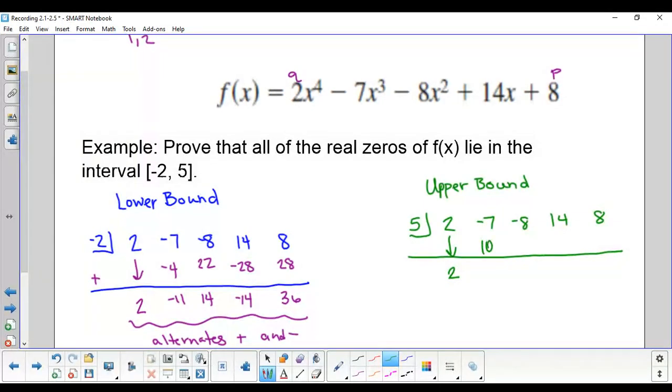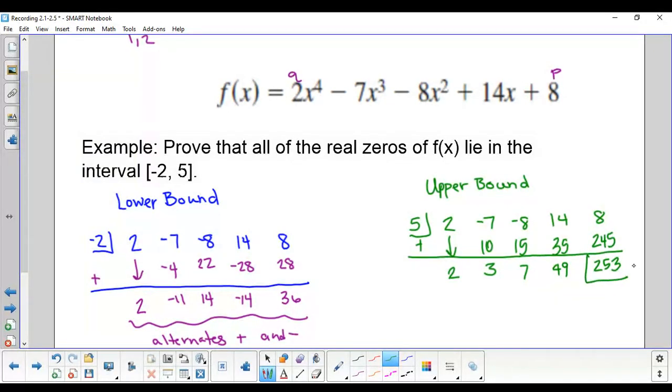That gives me 10. -7 plus 10 is 3. 3 times 5 is 15. -8 plus 15 is 7. 7 times 5 is 35. 35 plus 14 is 49. And 49 times 5 is 245. Adding up, we get 253.